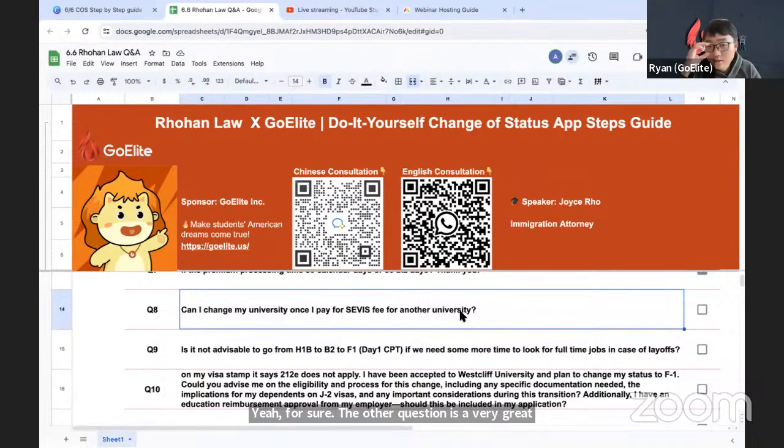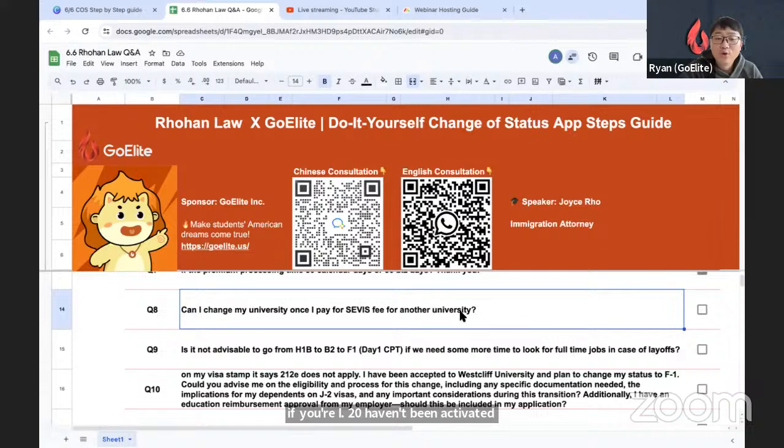Yeah, for sure. The other question is a very great question, but unfortunately it is not relevant to change of status. I do want to quickly address this. This person wanted to know if they could change university once they pay for their SEVIS fee. I think the key is whether or not the university has your SEVIS. For example, if you haven't started the SEVIS transfer or if your I-20 hasn't been activated, yes, you can change university and apply for another school.